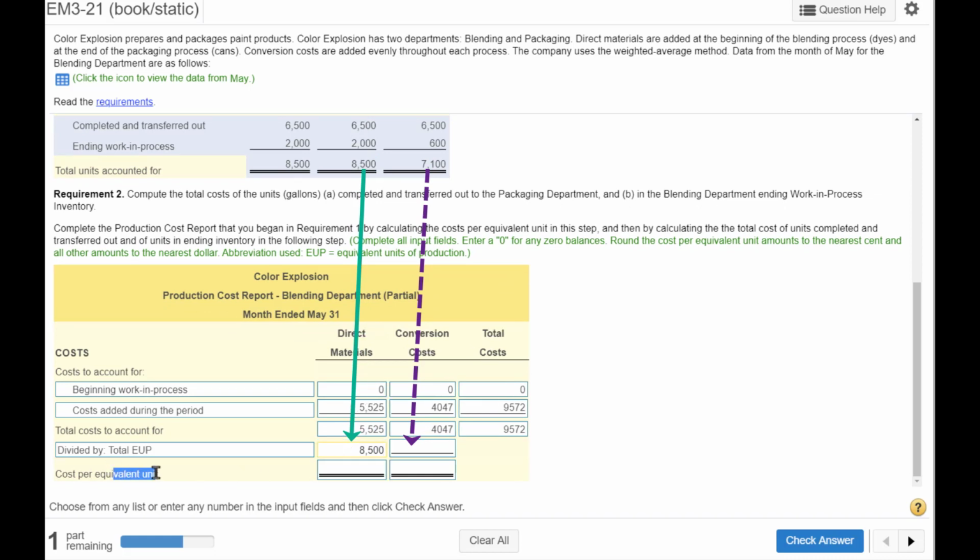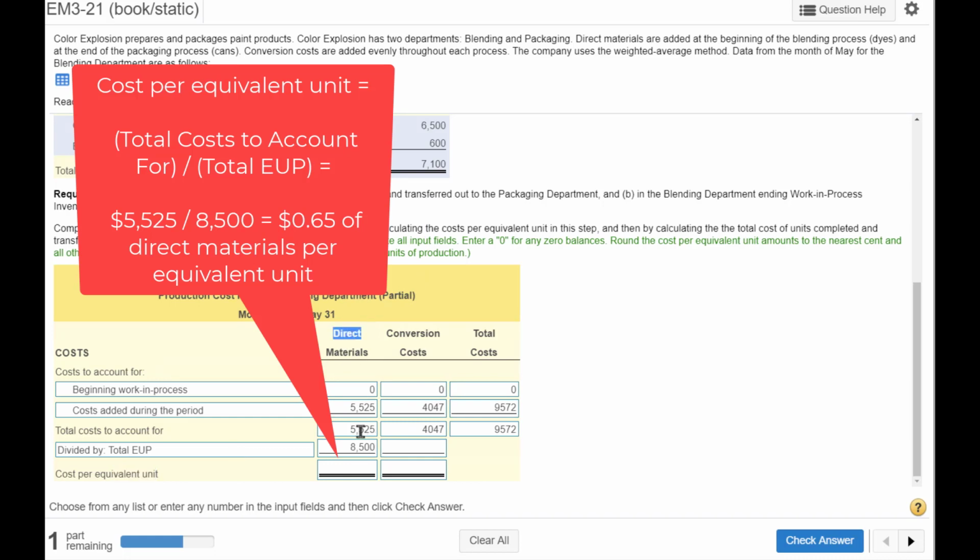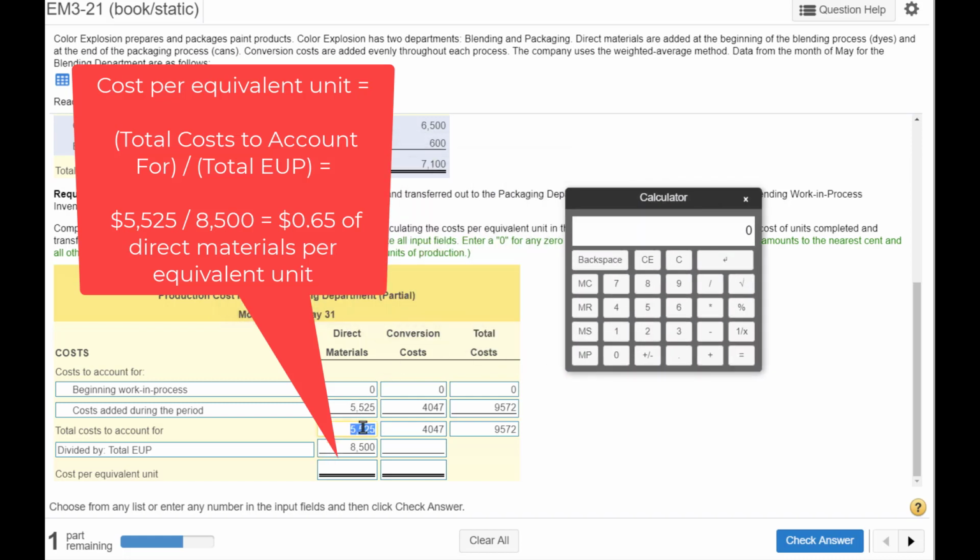So the cost per equivalent unit for direct materials, we find by taking 5525 divided by 8,500, which gives us 65 cents of direct material per equivalent unit, per finished unit.